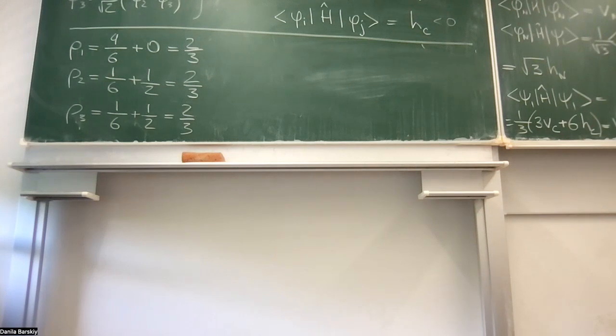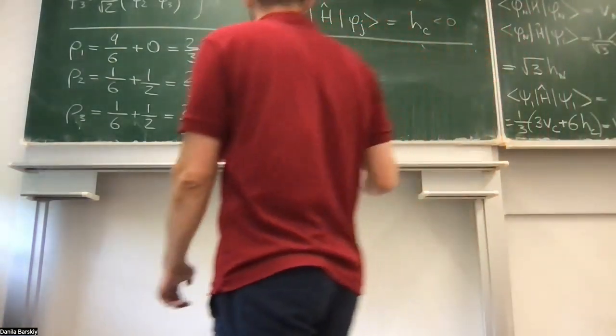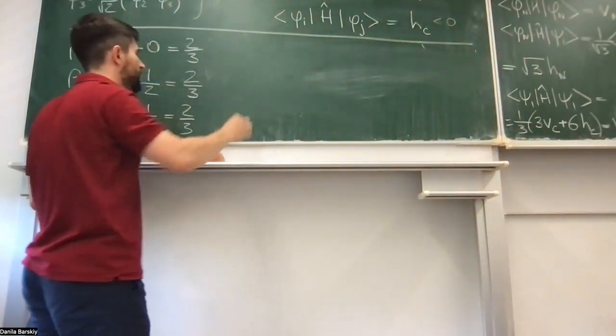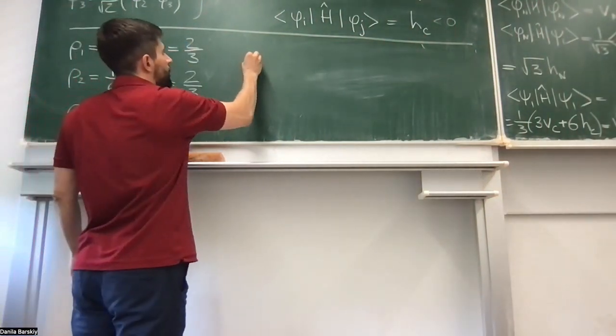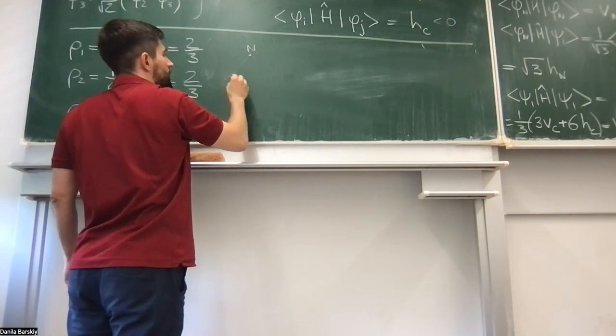What we found is kind of interesting. It turns out that in the NV center, there are two unpaired electrons, and they're not on nitrogen in the ground state.